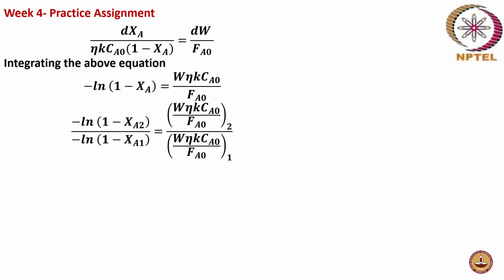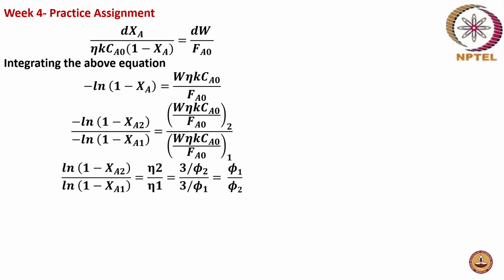So now taking the ratios for the two different diameters, you will get minus ln 1 minus Xa2 by minus ln 1 minus Xa1 is equal to W into eta into K into Ca naught by Fa naught for case 2 where the diameter is 18 mm, divided by W eta into K into Ca naught by Fa naught where the diameter is 9 mm.